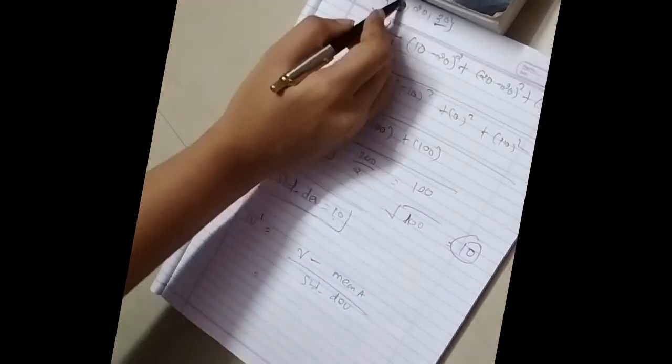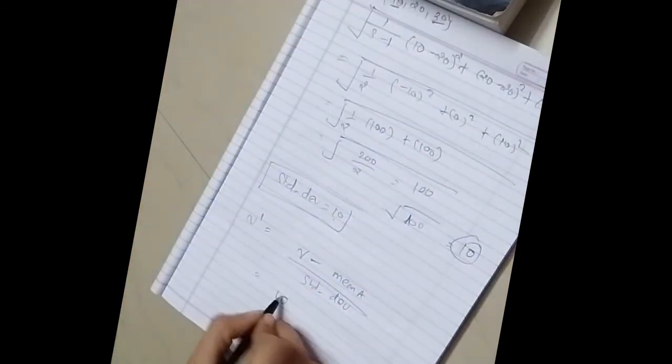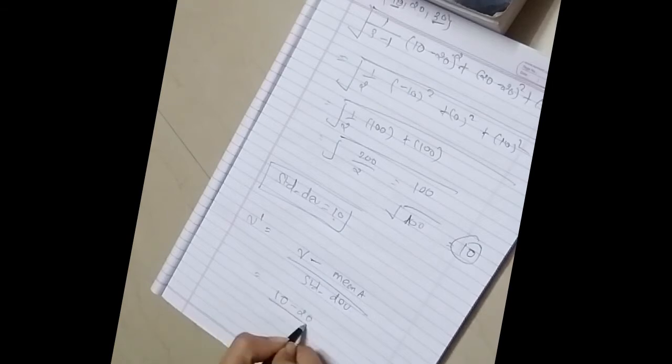Our first value is 10, so 10 minus 20 divided by 10 equals minus 1.